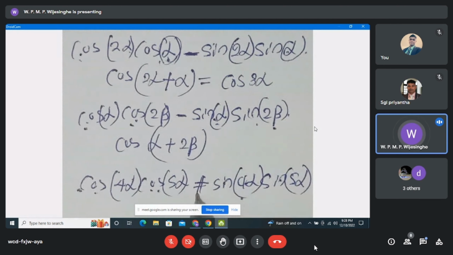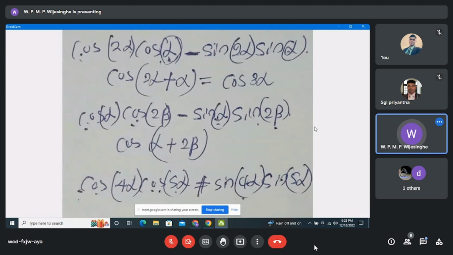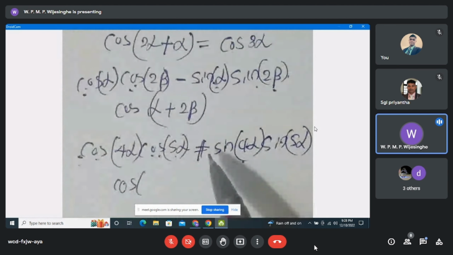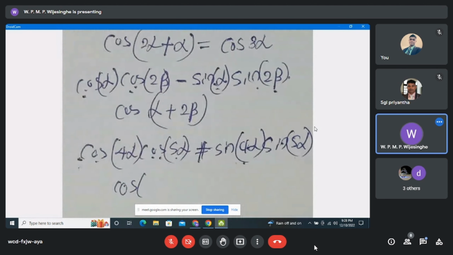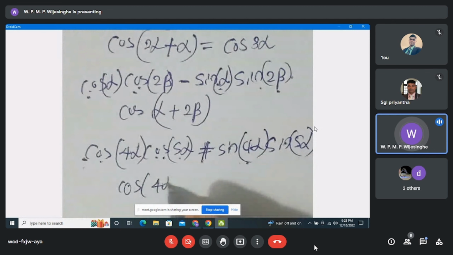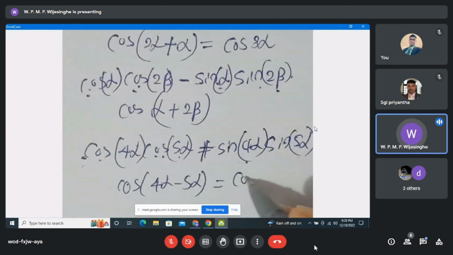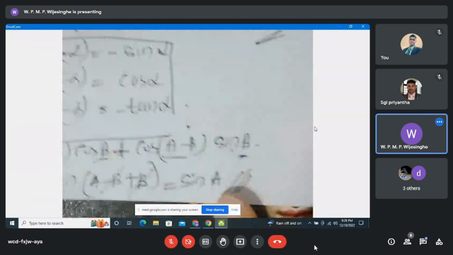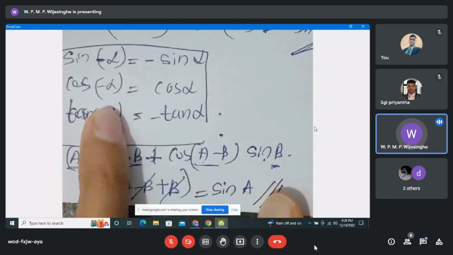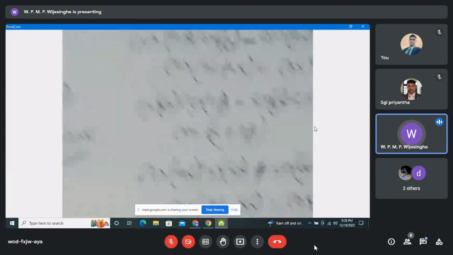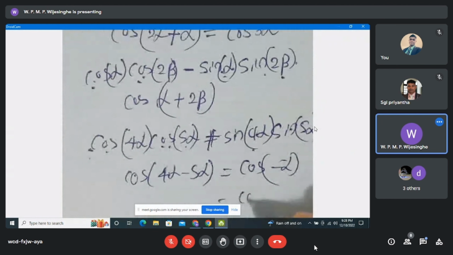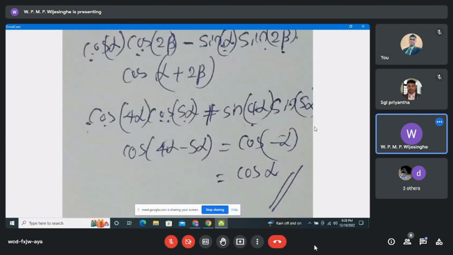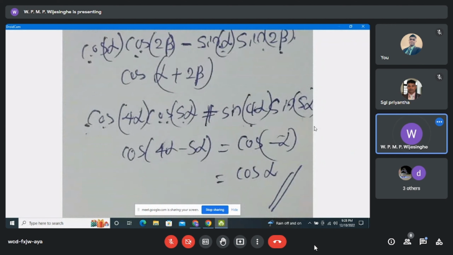Here there is a positive sign, it means it is the cos of the difference between two angles. Then 5 alpha minus 4 alpha. Then you will get cos(4 alpha minus 5 alpha). It is cos of minus alpha. I told you that cos of a negative angle, cos(−alpha), is equal to cos alpha. Then you can write here cos alpha.